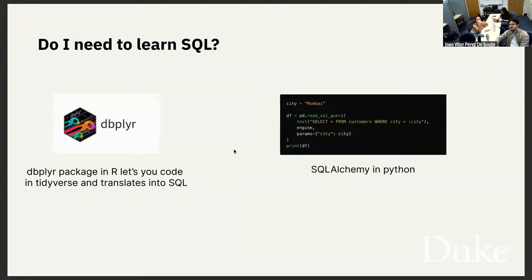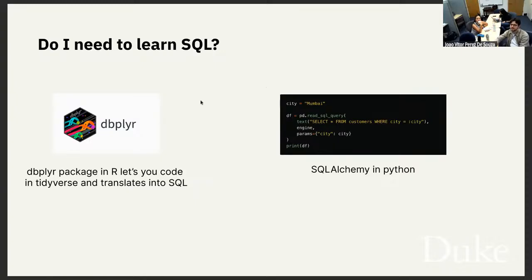Final question: do I really need to learn yet another new programming language? The answer is not necessarily, because there are ways for you to translate the queries that you have in R to SQL.